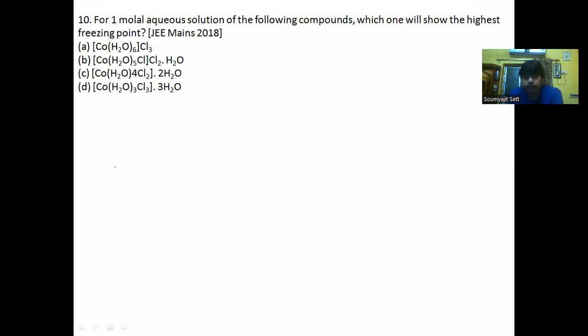Next one. For a 1 molar aqueous solution of the following compounds, which one will show the highest freezing point? We know the freezing point depression delta Tf is equal to i into Kf into m. Now here Kf and m are the same.